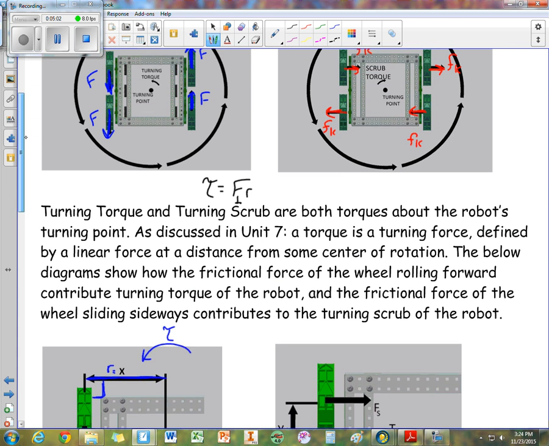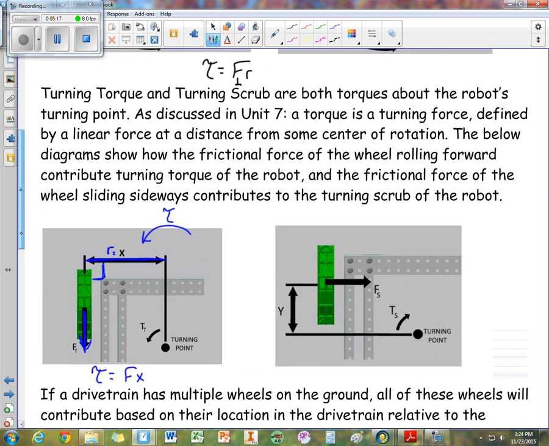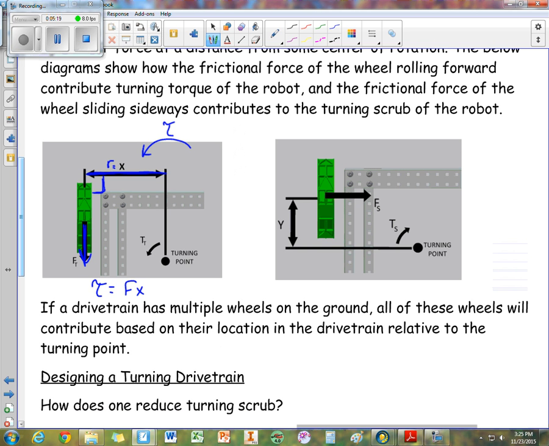Up here, that x can be found here and here. For the scrub, again, that's where the wheel is being dragged from kinetic friction. And then this right here is our value. In this diagram, it's called y. So for the scrub, it would be a force times y.